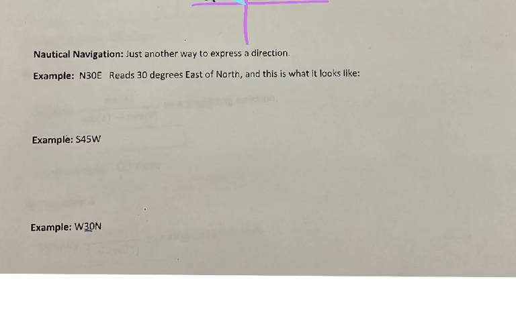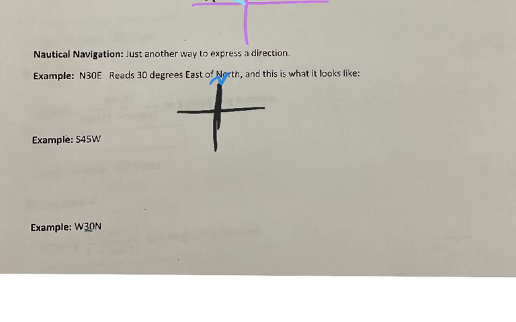So this is read as 30 degrees east of north. You are 30 degrees east of north. So let's talk about that. What does 30 degrees east of north mean? This is north.